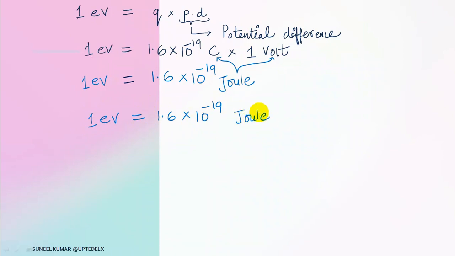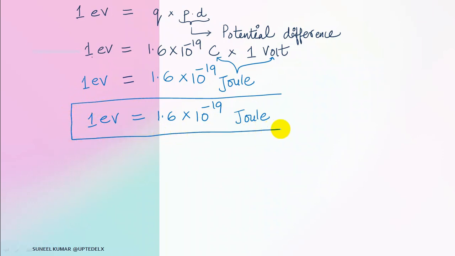Now you can see this is 10 to the power minus 19. So how small this 1 electron volt is in comparison with the joule. So the electron volt is a very small unit to measure energy.